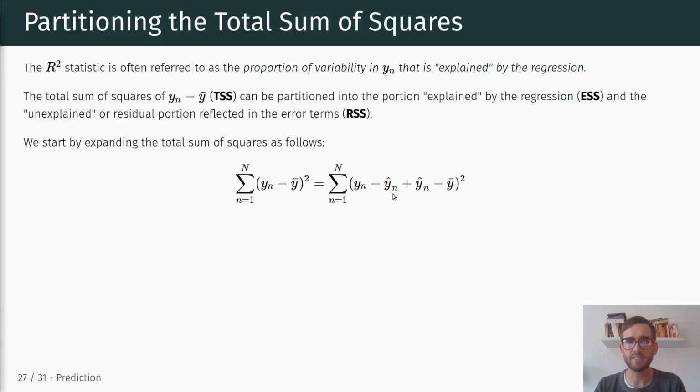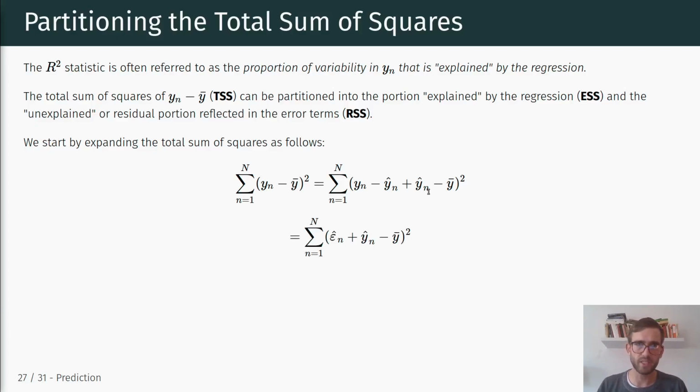We're subtracting y hat n and we're adding y hat n, and that doesn't change the underlying math. No math is broken. This is still the same equation. We're just subtracting a term and adding a term, similar to the trick that we used when we derived the OLS estimator.